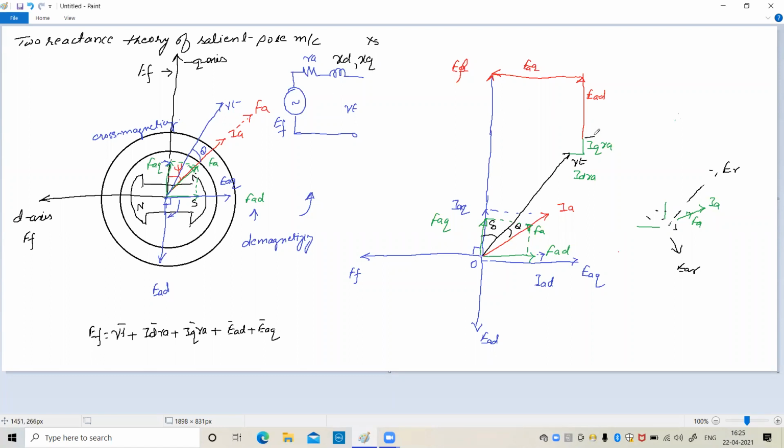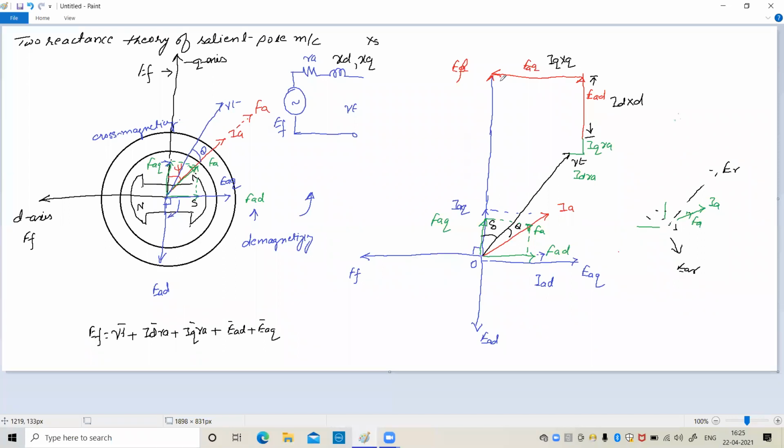The voltage drop in a reactance is always in quadrature with the current. So the current is ID, and in quadrature it is IDXD, and similarly IQ gives IQXQ. So the leakage reactances also get added.